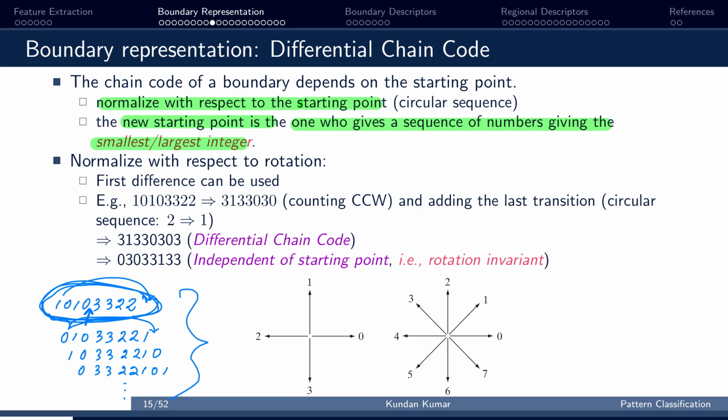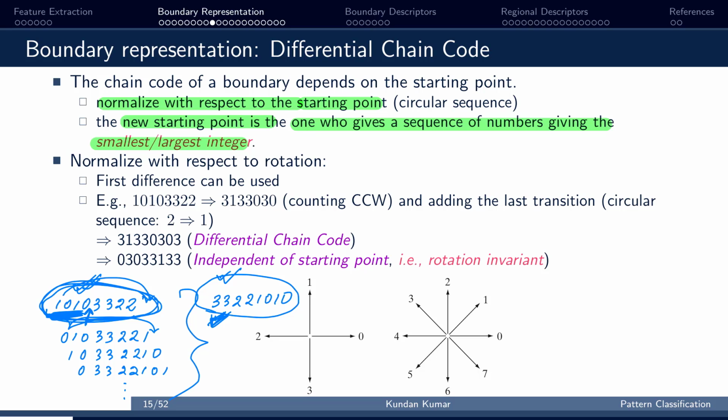So we can write 3 3 2 2, and then the rest of the preceding portion in the circular sequence, so it will be 1 0 1 0. When you check it, you will find that the largest integer that we can form using this Chain code is this one. So this is basically the code normalized with respect to the initial or starting point that we have chosen to write our Chain code.